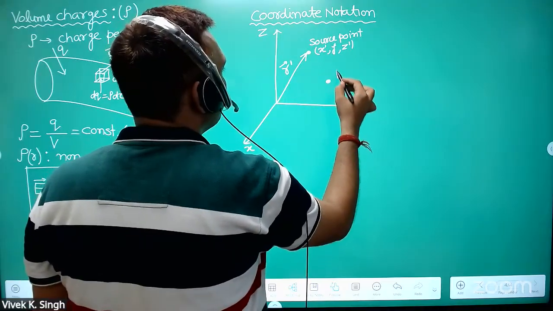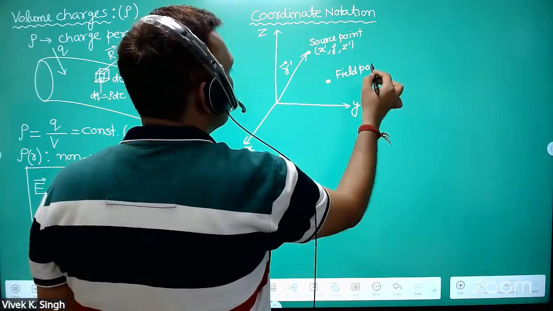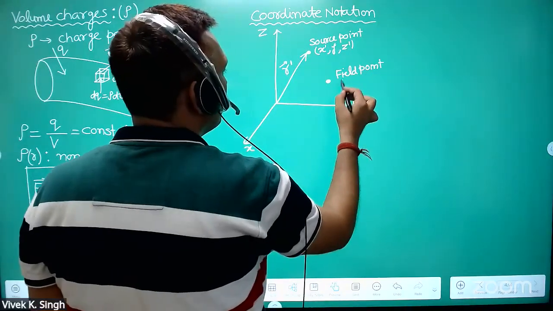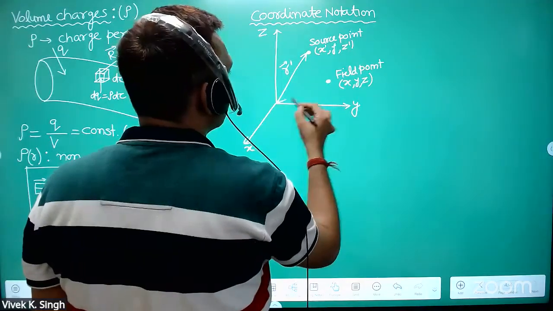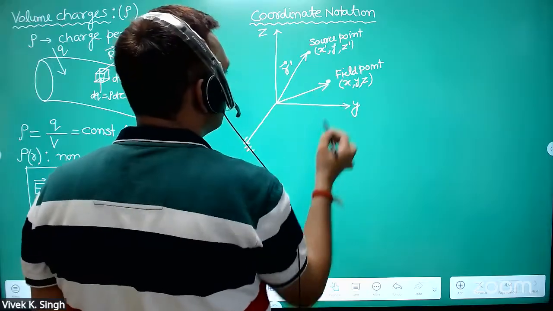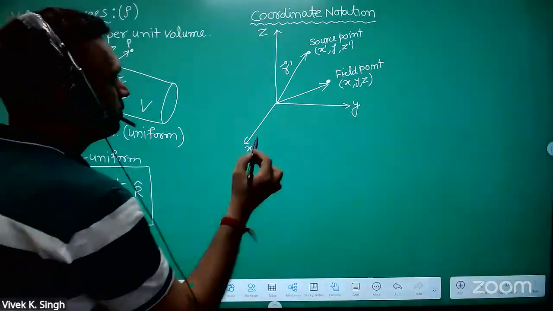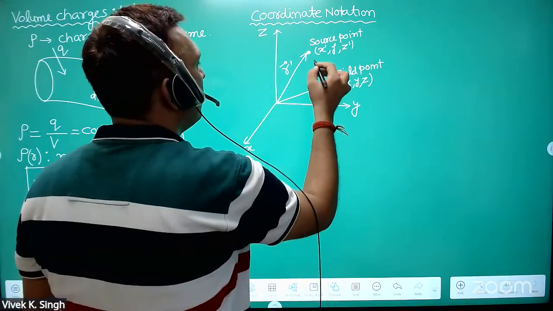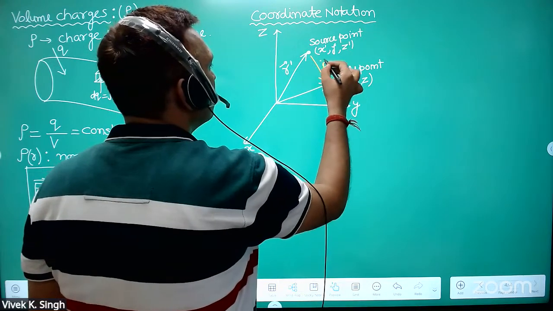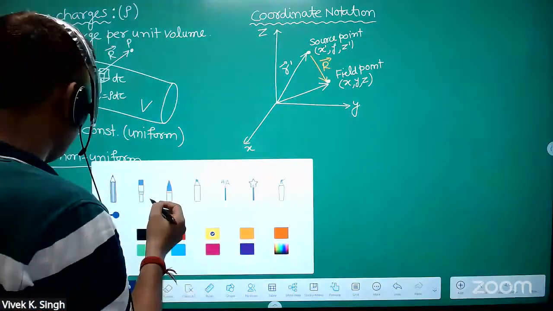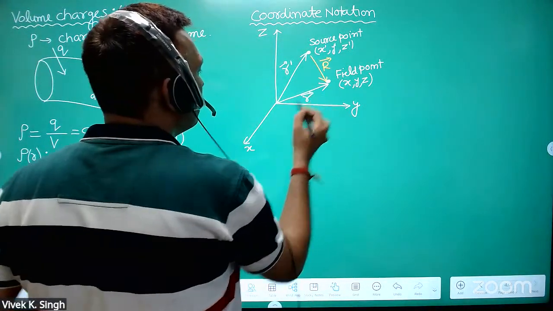Then there will be a field point. Its coordinate is x, y, z, and this is the separation vector, script r. This position vector is small r.